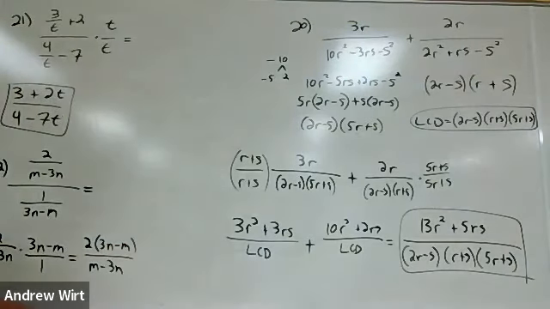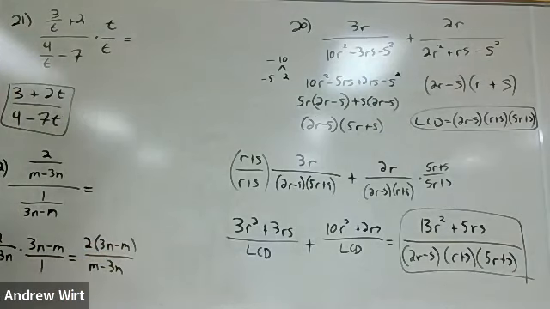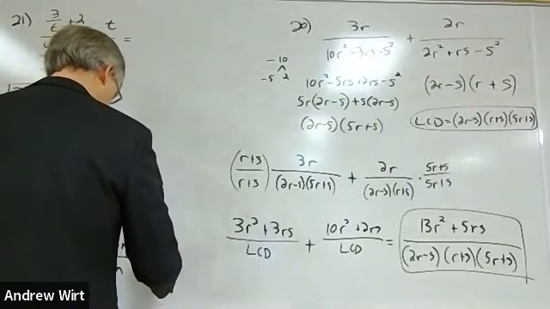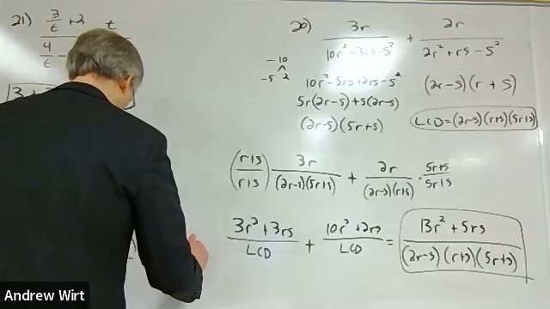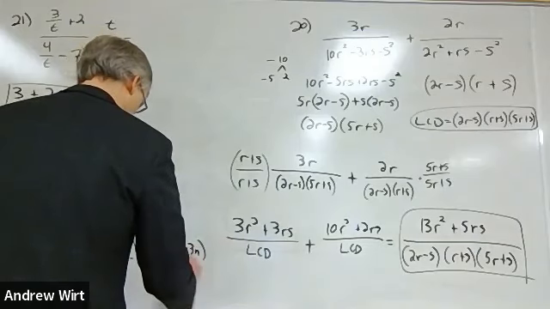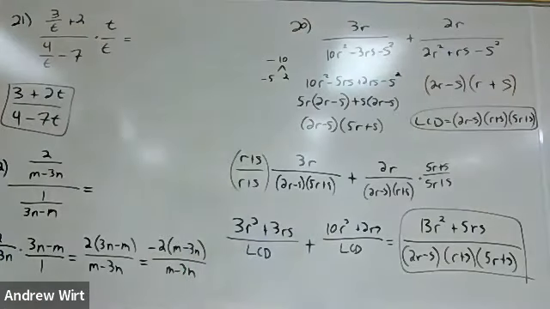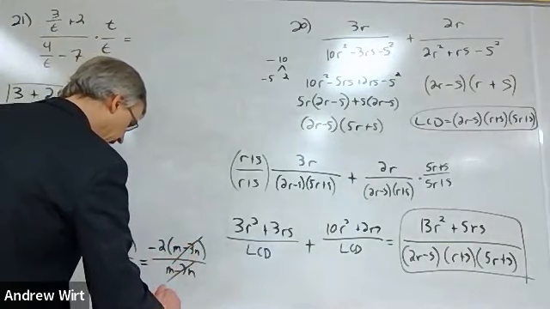And notice we have two binomials here that are flipped from each other. So let's flip one of those. So we got n minus 3n's, they just match. We'll cancel those. And our answer is negative 2.